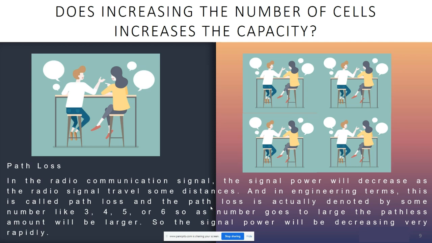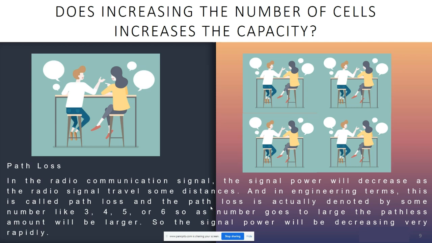So the installation of 4 base stations will support 4 mobile terminals simultaneously. That means in the end, we can support 4 times the capacity compared to the original case where we have one mobile terminal and one base station. In networks, this is called the cell splitting technique. One cell is split into multiple cells.